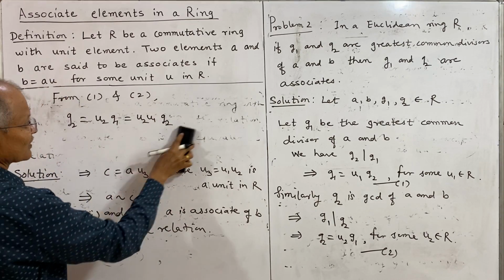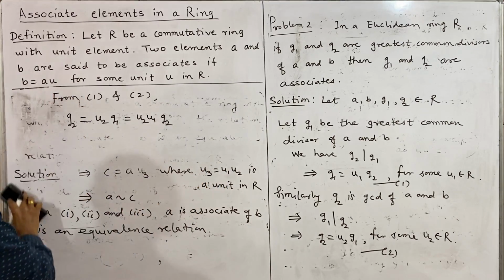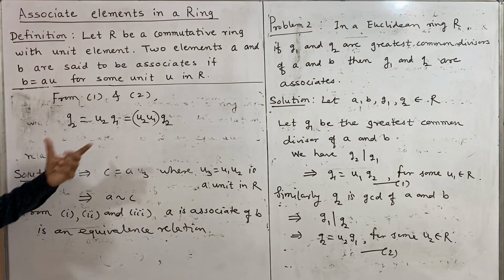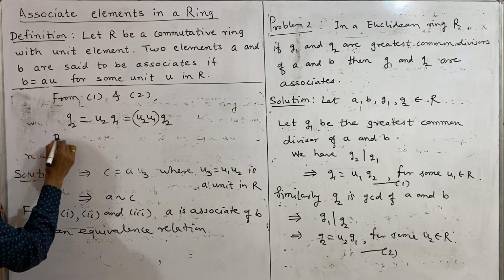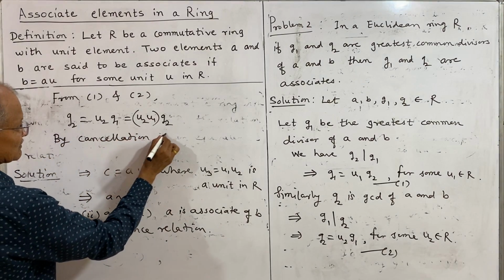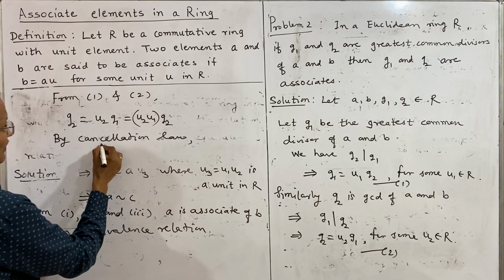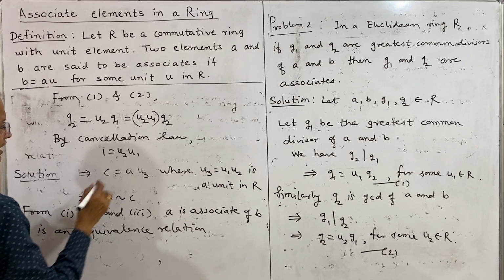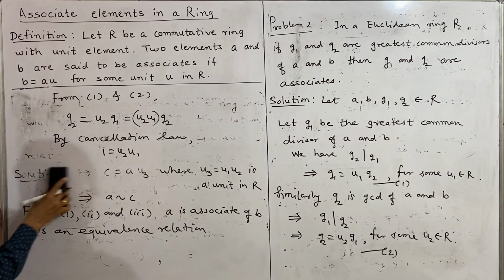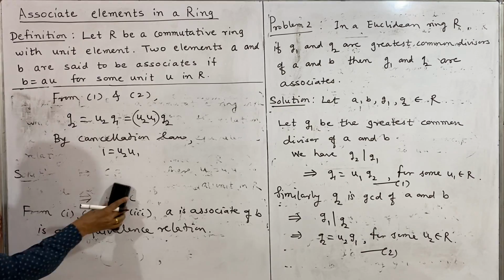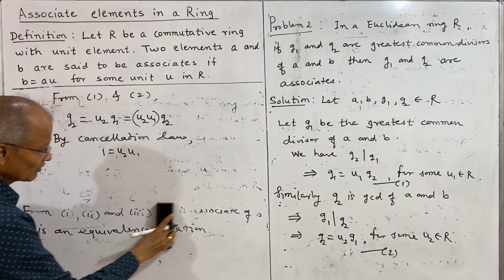Now this can be grouped as U1 U2, and by the cancellation law we get 1 is equal to U1 U2. And this shows both U1 and U2 are units. Therefore U1, U2 are units in R.